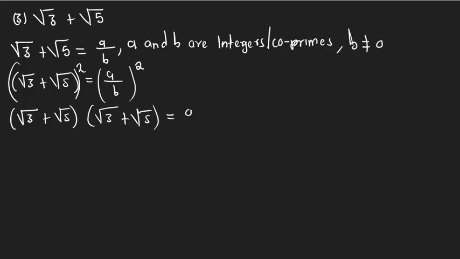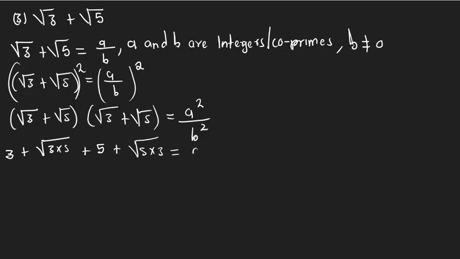Then this is going to equal a power 2 over b power 2. Root of 3 multiplied by root of 3 is 3, plus root of 3 multiplied by root of 5, which is root of 15, plus root of 5 multiplied by root of 3, which is also root of 15, then plus root of 5 multiplied by root of 5, which is 5.